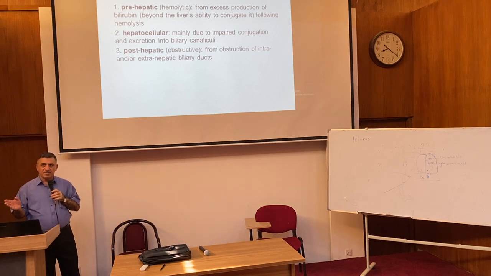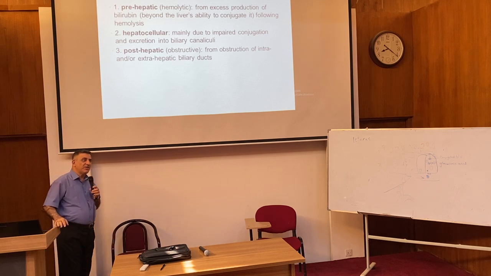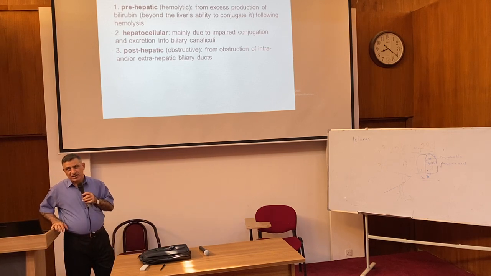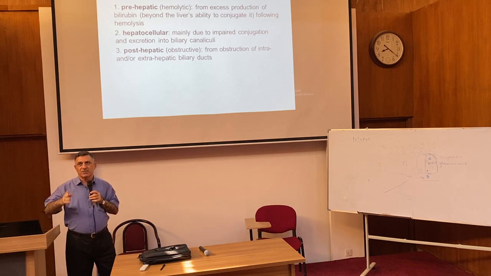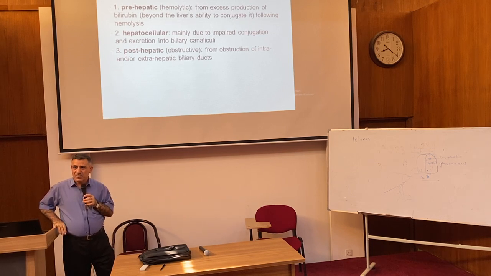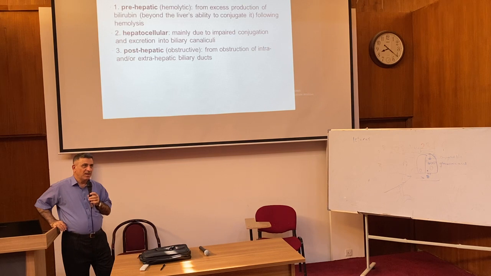The other type is in the biliary canaliculi and bile ducts. If there is stasis, means there is no movement of the bile. There is obstruction. This is called post-hepatic, and this is mainly conjugated type of hyperbilirubinemia.